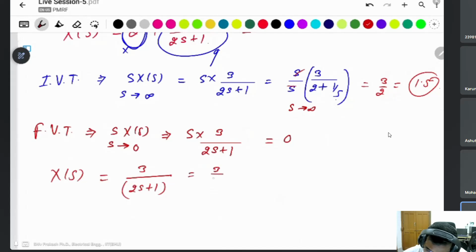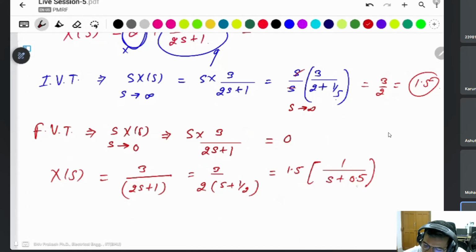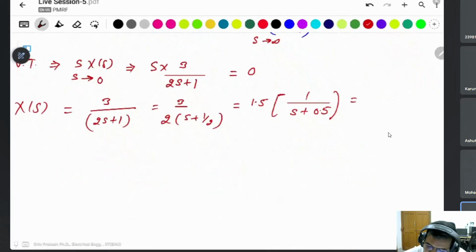Take the 2 common, this will be s plus half. 3 by 2 is 1.5, so 1.5 divided by s plus 0.5. It is s plus something, s plus a.